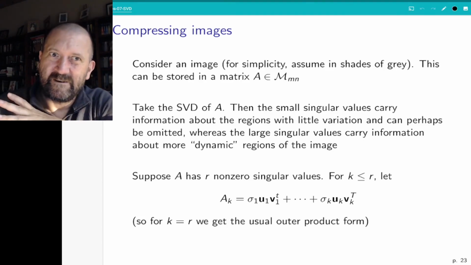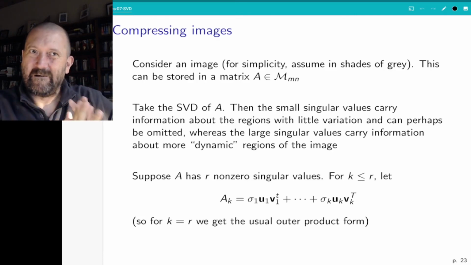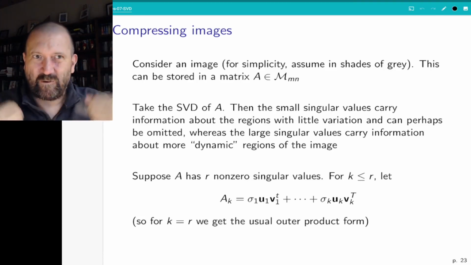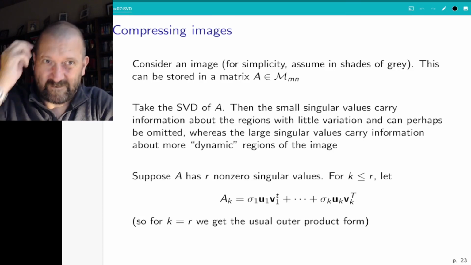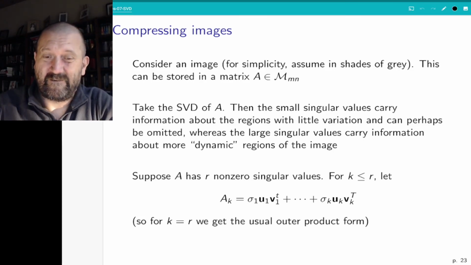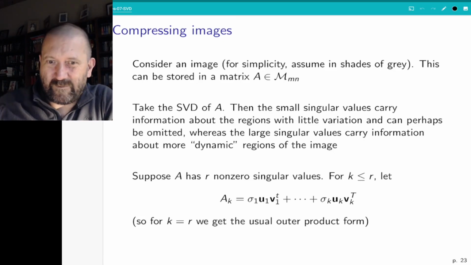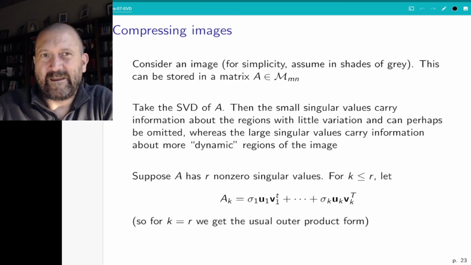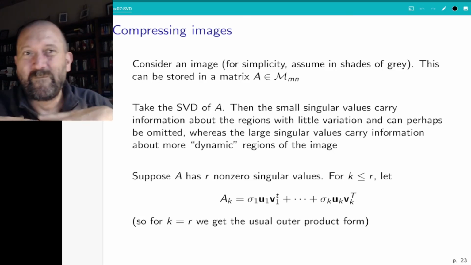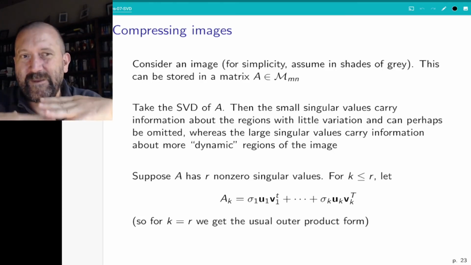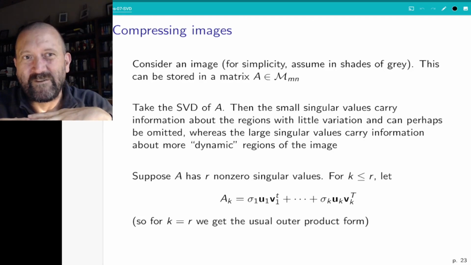On the other hand, when there's a lot of detail, this is going to be carried by the singular values with higher values, the larger singular values. So what we are going to use is a sort of partial form of the outer product form of the result.